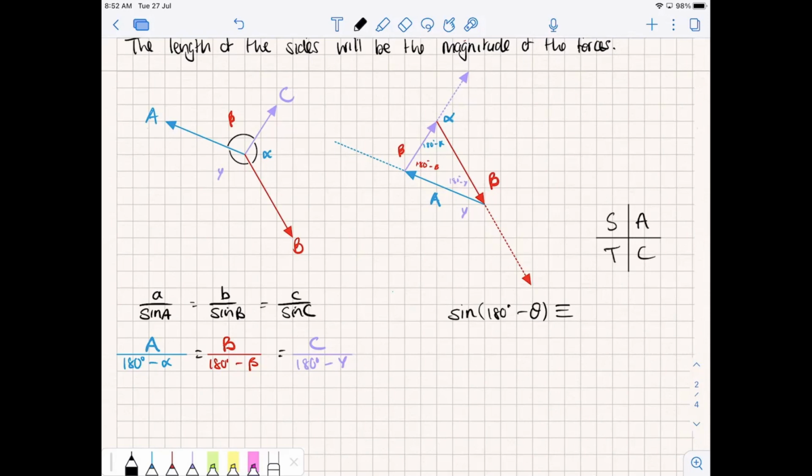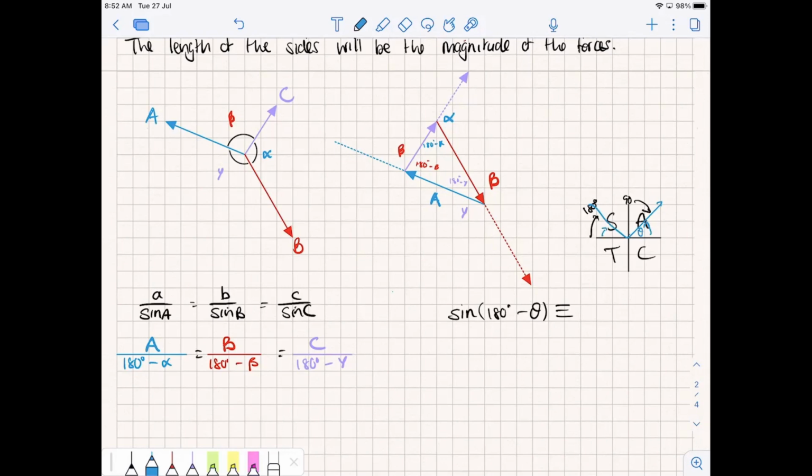Where is sine positive? Well, anything less than 90 and anything less than 180 degrees, sine is positive. So sine of 180 degrees minus theta is just the same as positive sine.